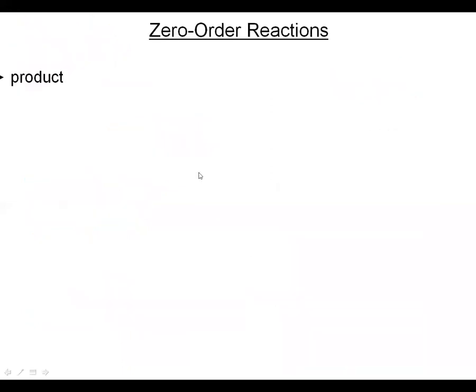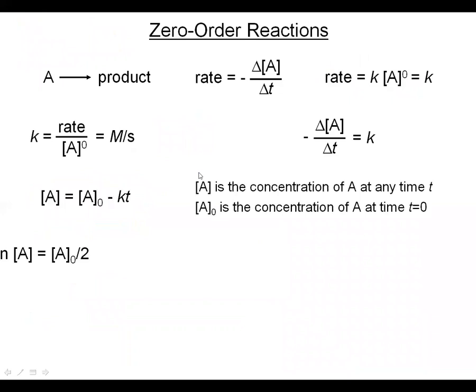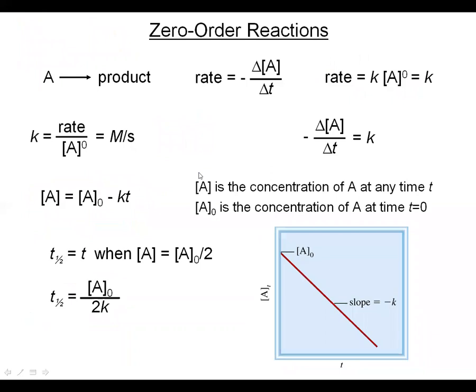Now, the last type of reaction we're going to talk about in terms of rate laws is a zero order reaction. And a zero order reaction also has its own set of information that you could use to determine it's a zero order reaction. So to get something to a zero order, that basically means that when you take something to zero, as we talked about a minute ago, it equals one.